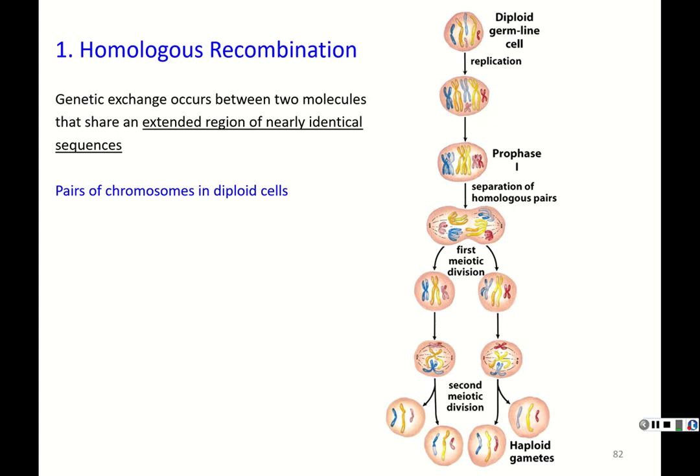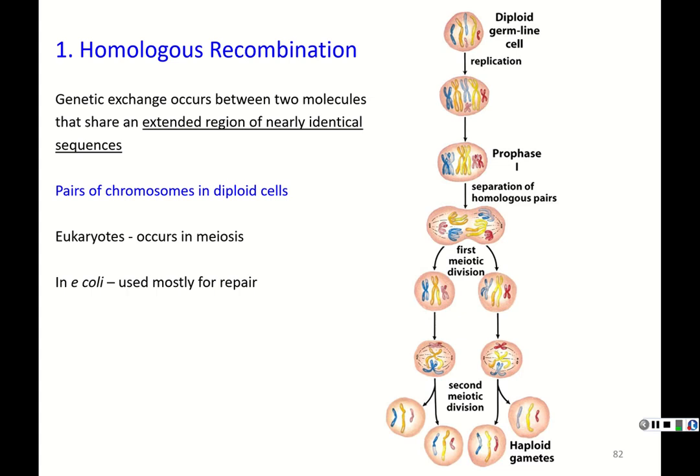This is a genetic exchange occurring between two molecules that have an extended region of very identical sequences. So pairs of chromosomes in diploid cells would have large regions of nearly identical sequences where this recombination can happen. Okay. In eukaryotes, this occurs in meiosis.